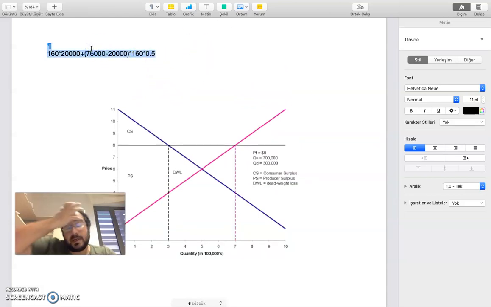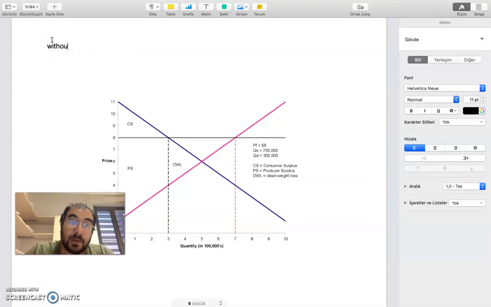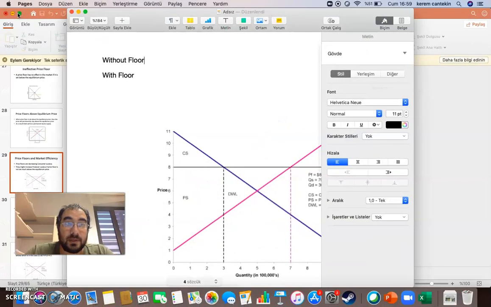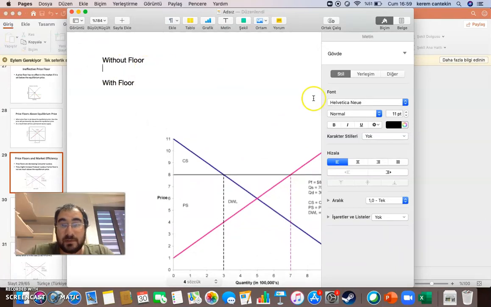So we can actually calculate consumer and producer surplus approximately. We don't see exact points, but approximately, without price floor and then with price floor. And after that we can also calculate the market surplus and basically the difference created by the price floor. So without price floor, let's start with that.